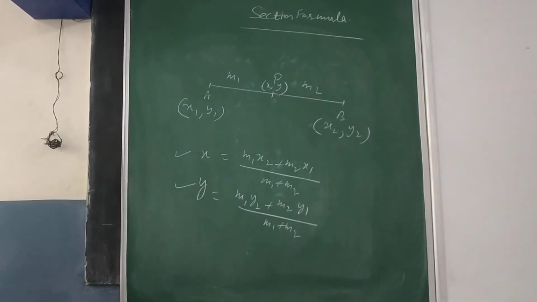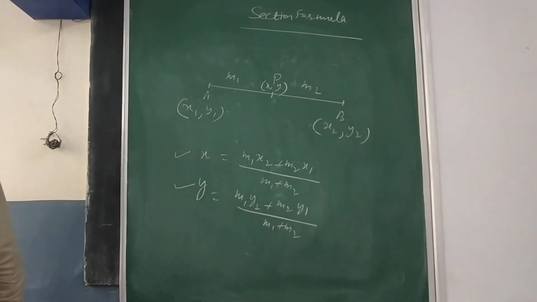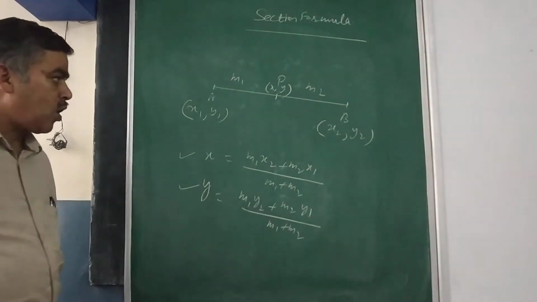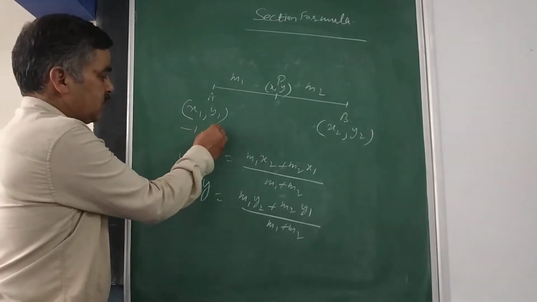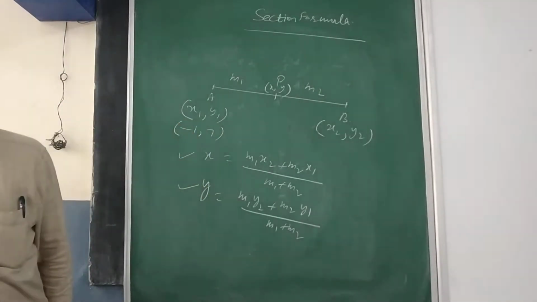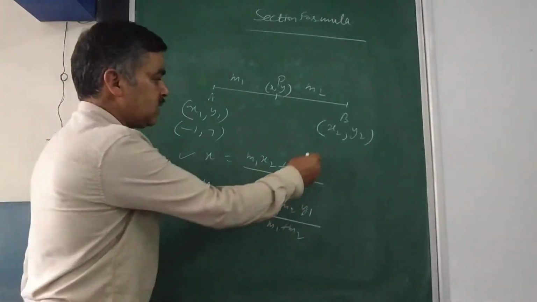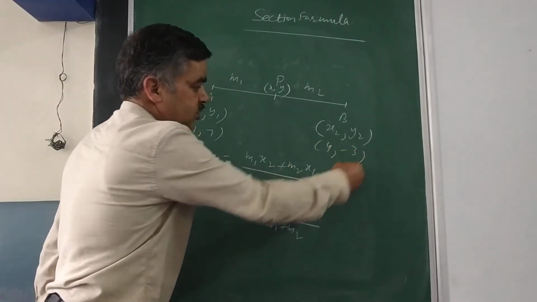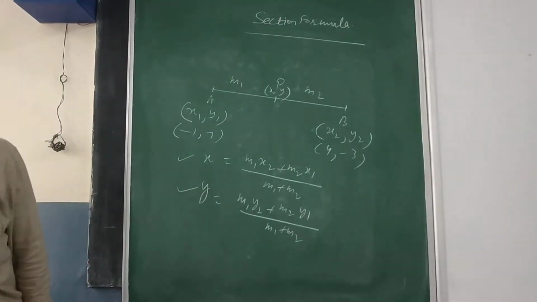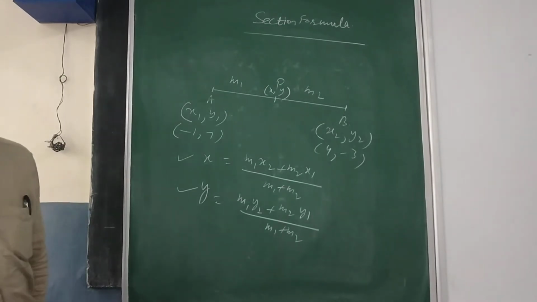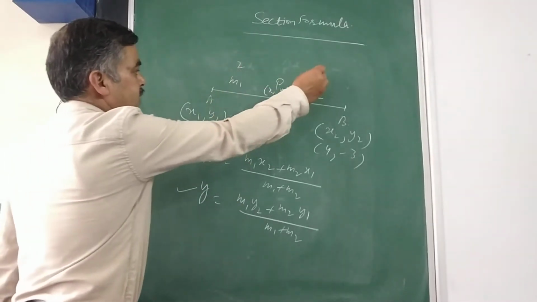In the first question: find the coordinates of the point which divides the join of minus 1 and 7, and 4 and minus 3, in the ratio of 2 and 3.